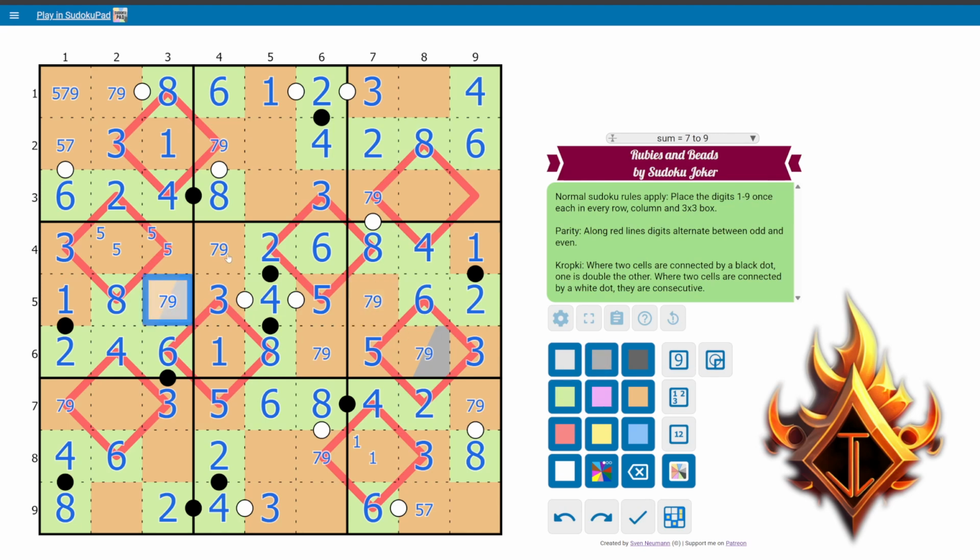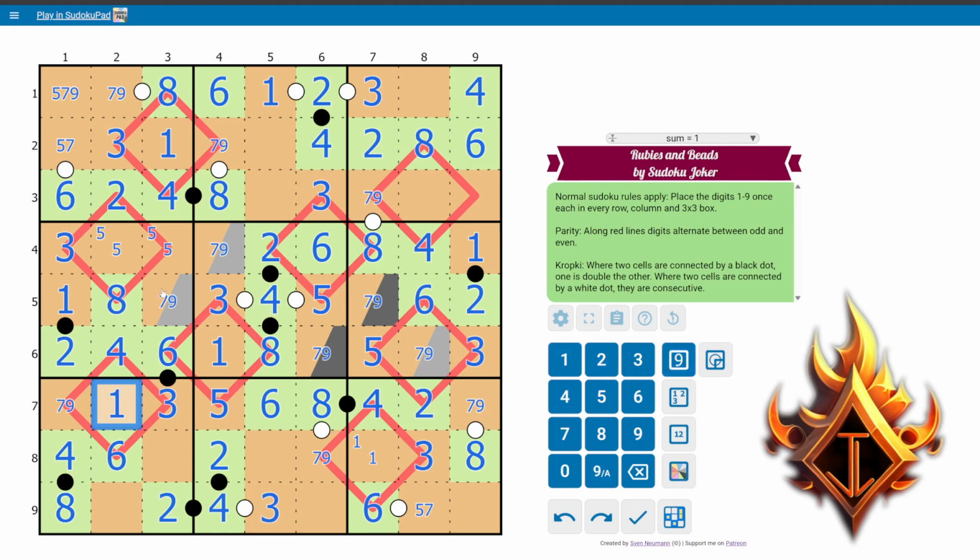That one is light. So that one is light. This one dark. That one dark. This is 1. This is light. I don't know what I did there.